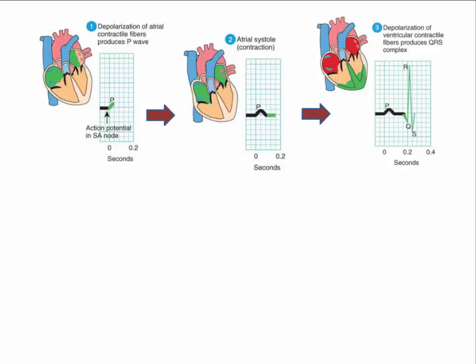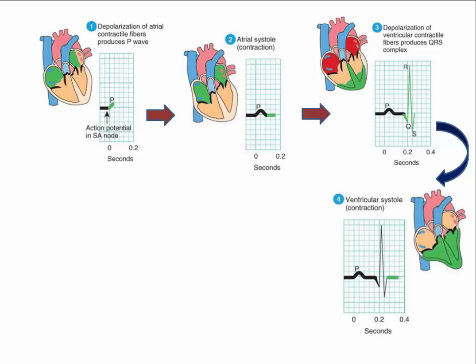Now at the same time the QRS complex is occurring, the atria are relaxing and preparing again for the P wave. This is usually not evident on the ECG, as the QRS complex is a much stronger electrical impulse. Now this is going to lead us to step 4, which is ventricular systole, or contraction.